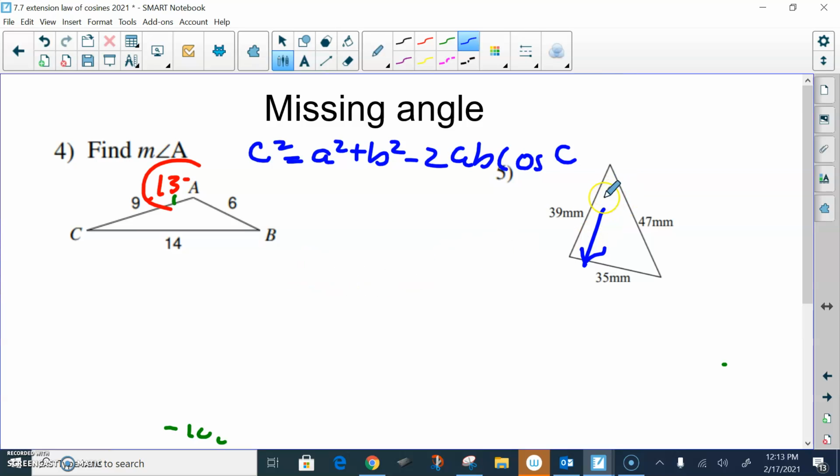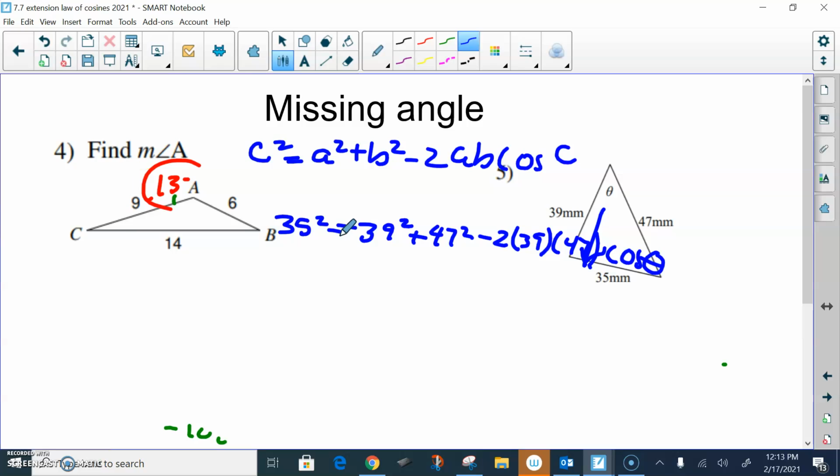I'm missing the angle, so I'm going to start with the side across from it. That's going to be 35 squared equals the other two sides, 39 squared plus 47 squared minus 2 times, repeating these numbers, 39, 47, and then what we don't know is cosine. You can call it A, B, theta, whatever you want. I'll just call it theta. Now I'm going to simplify a little bit.